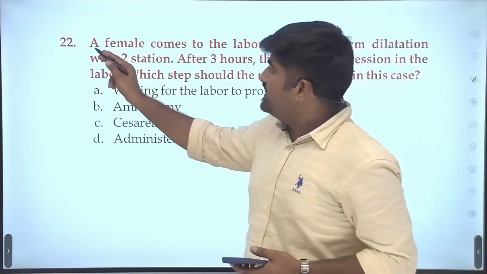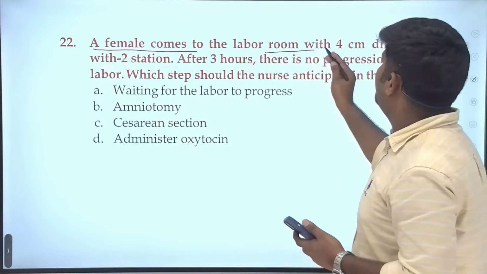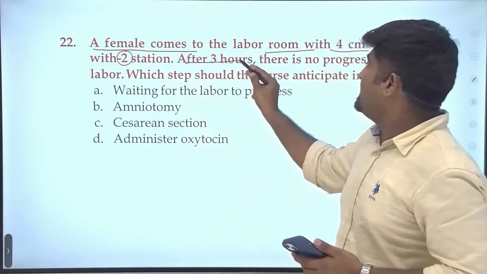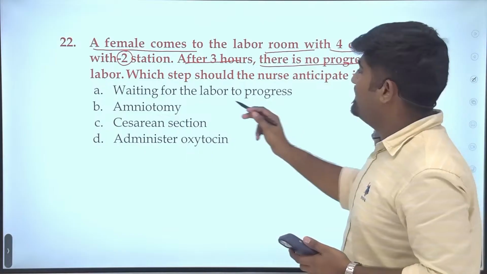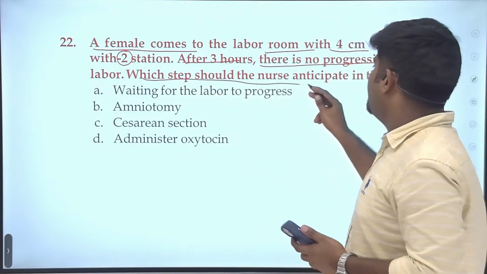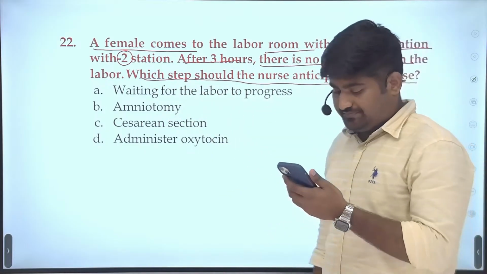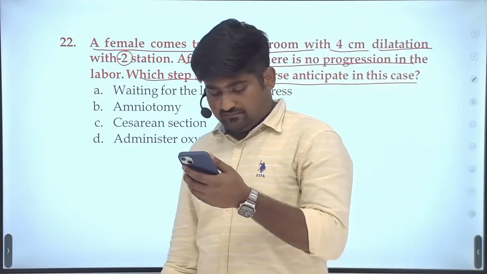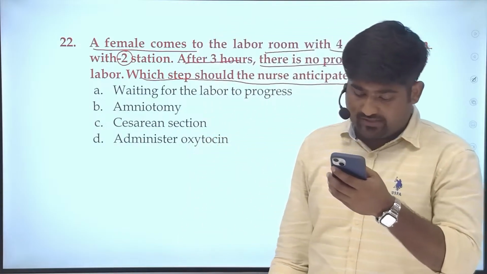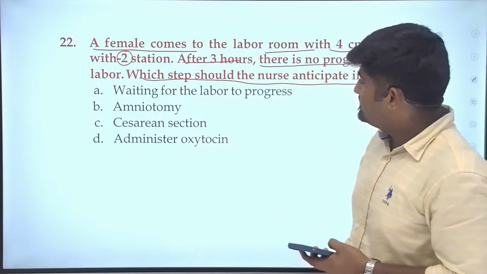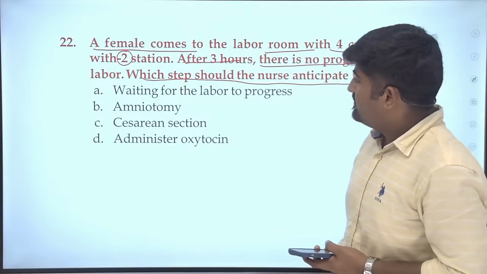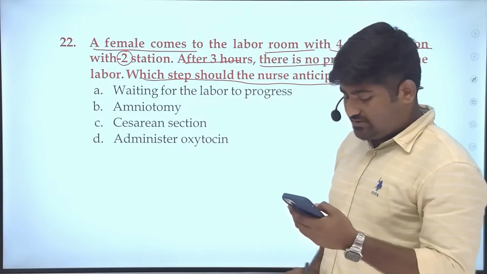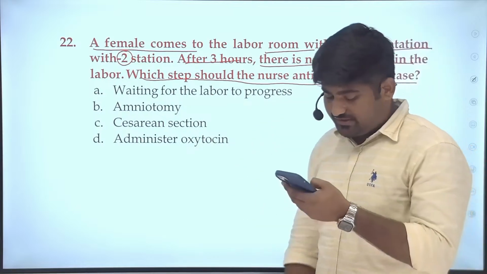Next question. A female comes to the labor room with 4 centimeter dilatation, -2 station. After 3 hours, there is no progression in the labor. Which step should the nurse anticipate in this case? After that, we'll do amniotomy or cesarean section or administer oxytocin.